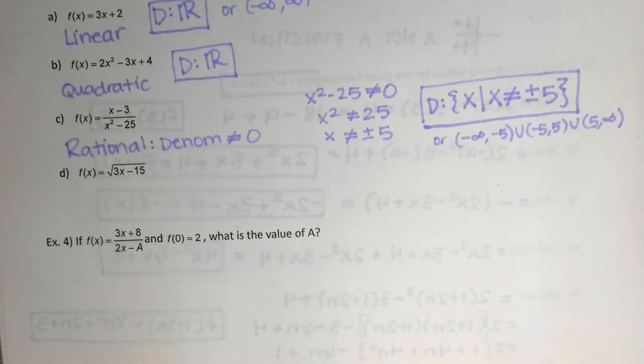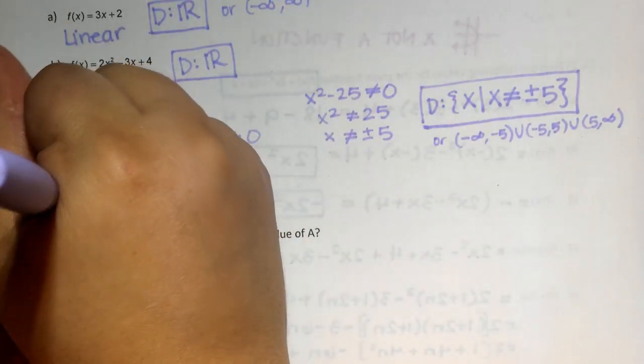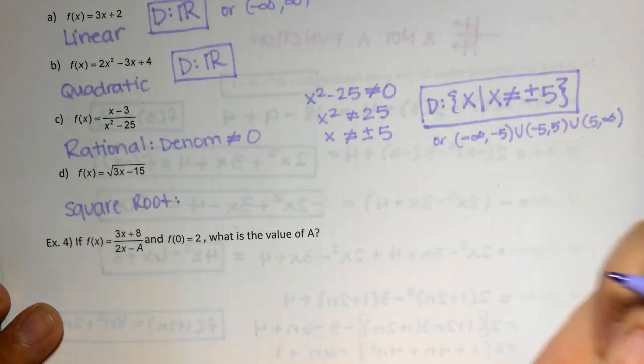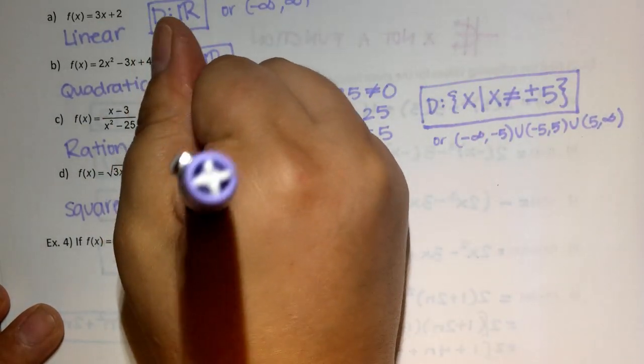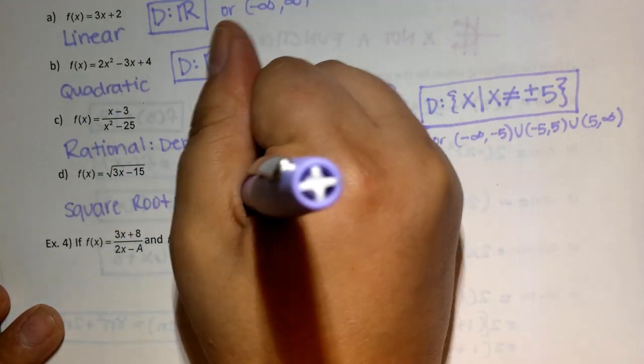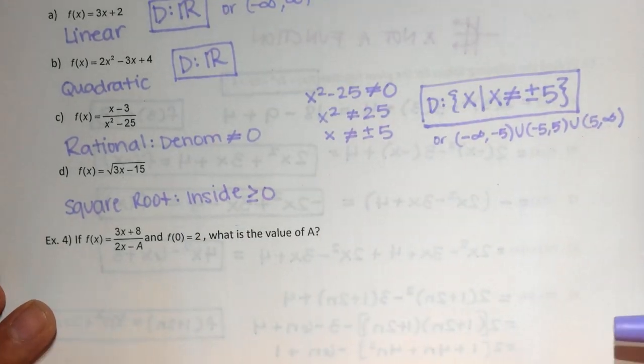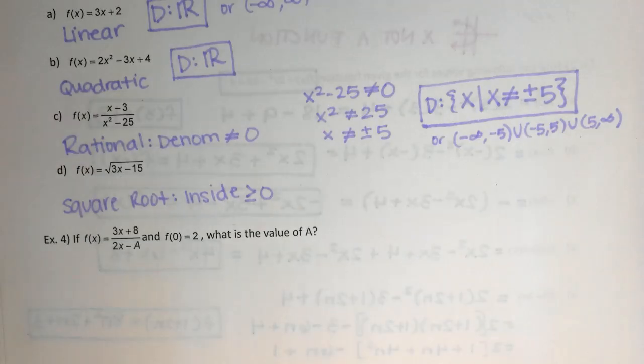What's the last type of function that I gave you? Square root. And what do we know about square roots? It can't be negative. The inside must be positive, which means the inside has to be greater than or equal to 0. Write that down, please. For square root functions, the inside must be greater than or equal to 0.